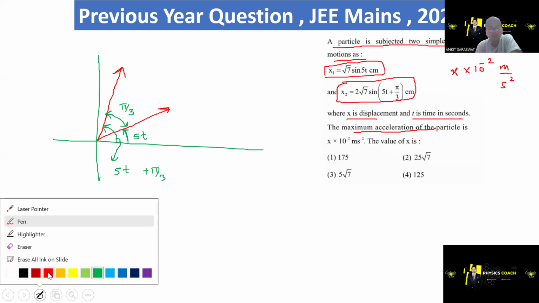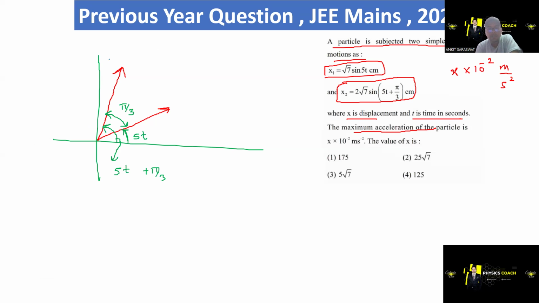Now apply the parallelogram law of vector addition and find the resultant of these two SHM. It will be like this. Complete the parallelogram. Draw two parallel vectors. This is pi by 3. This is also pi by 3. Draw a perpendicular.